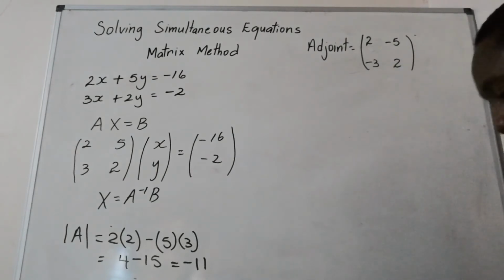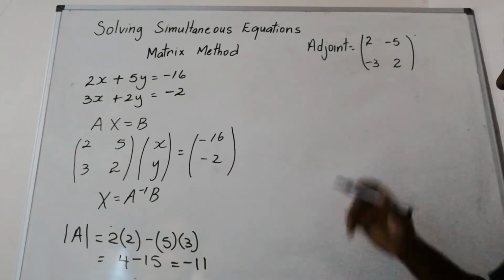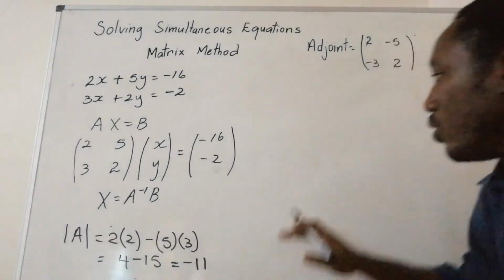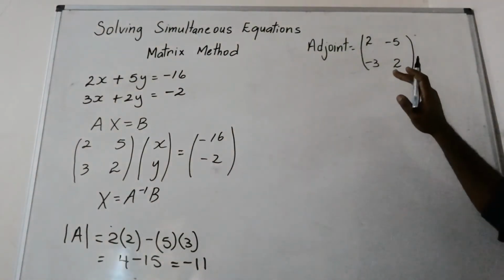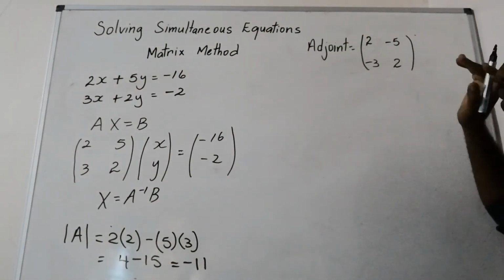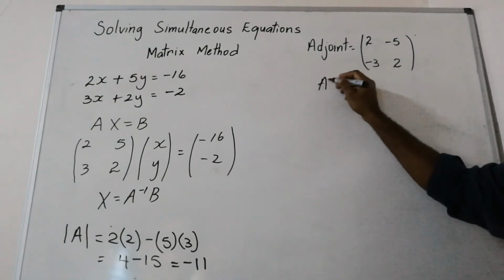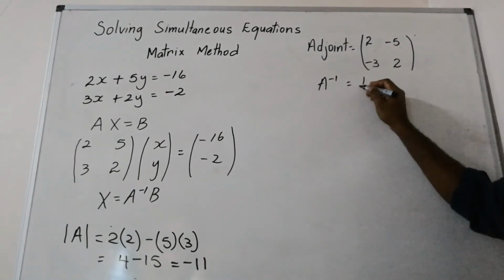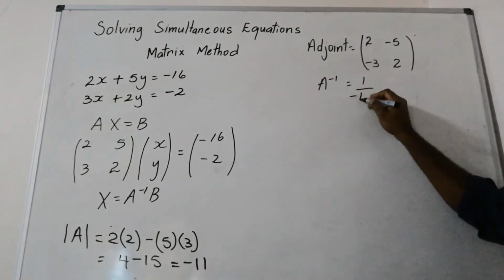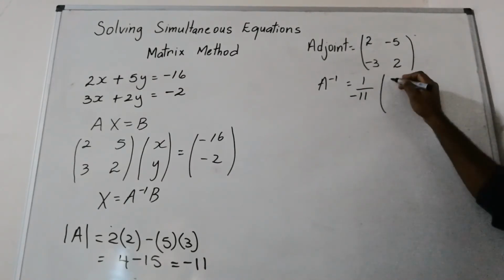Now, what do we do next? Remember, to find our unknown, we multiply our inverse. So next, we need to find the inverse. Now, the inverse of A is 1 over the determinant multiplied by the adjoint.